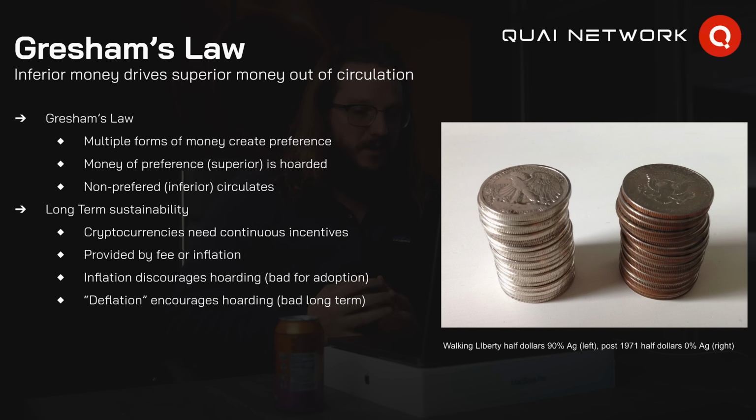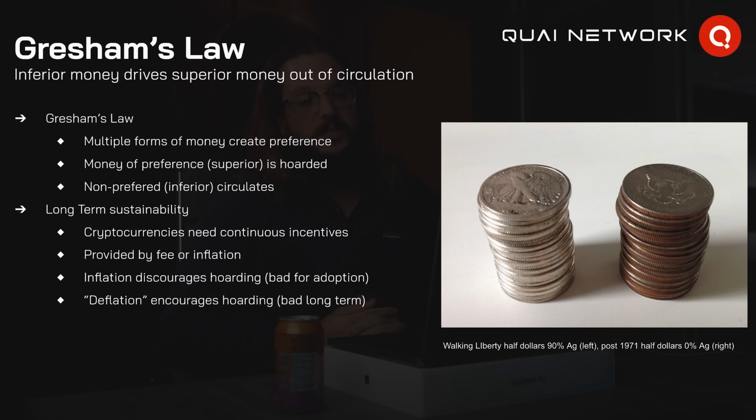Obviously, we don't see a lot of silver dollars circulating because the intrinsic value of the metal is greater than their face value, so those are driven out of circulation. If you had a silver Liberty dollar or a non-silver Liberty dollar, you would choose to circulate the latter over the former. Thus, the latter is the inferior form of money and the former is the superior form of money.